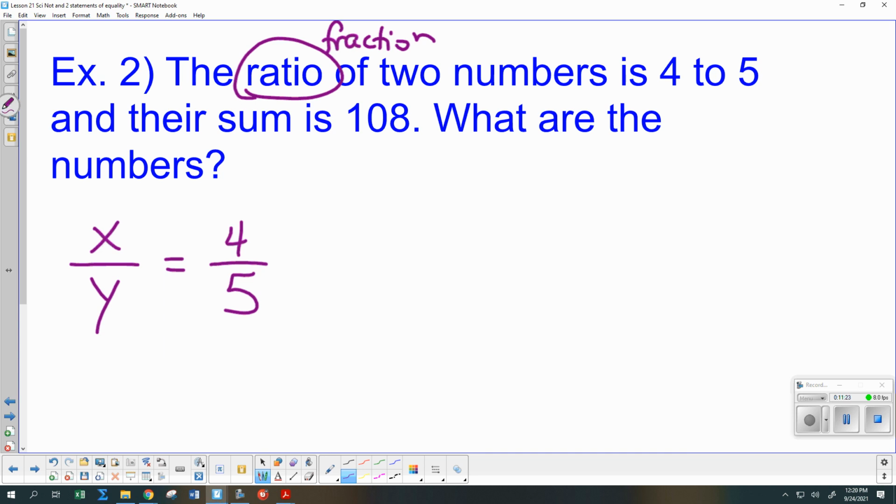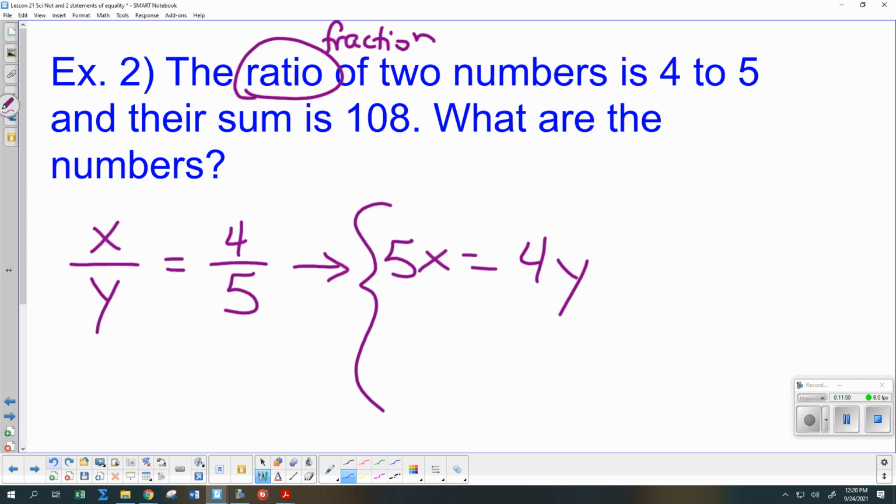Anytime you have one that's a ratio is, take your cross product and say that means 5x equals 4y. And that's going to be one of the equations in the system we need to solve it. So write it as a ratio, write it as fractions, do the cross product, and then you have that equation.